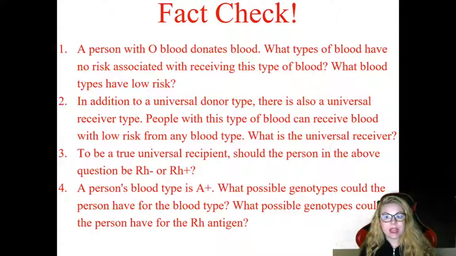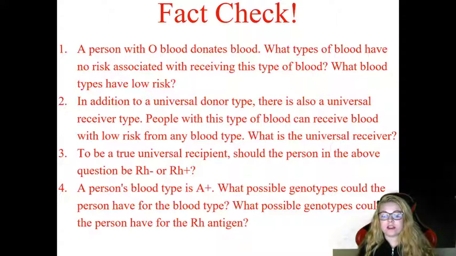Number 4, a person's blood type is A positive. What possible genotypes could the person have for the blood type? And what possible genotypes could the person have for the Rh antigen? So this is where that genetics and understanding Punnett squares, that review from the Amoeba Sisters video, comes in handy. So for the first part of the question, what possible genotypes could the person have for the blood type?